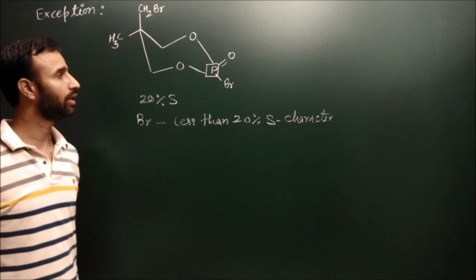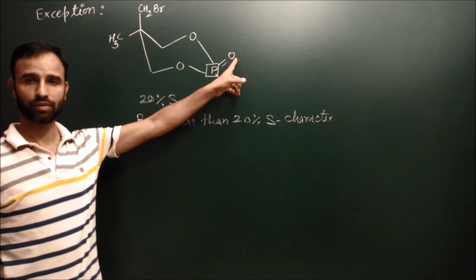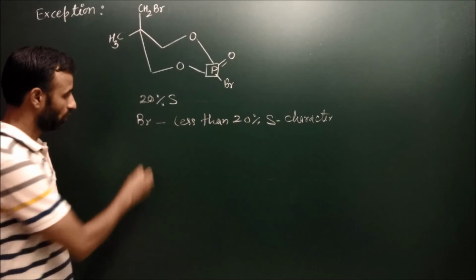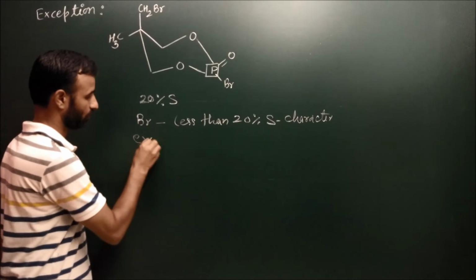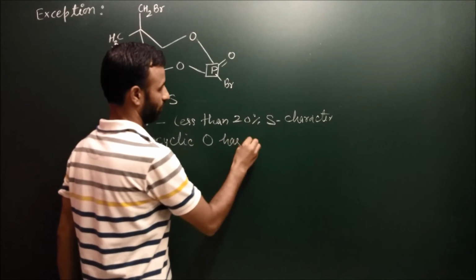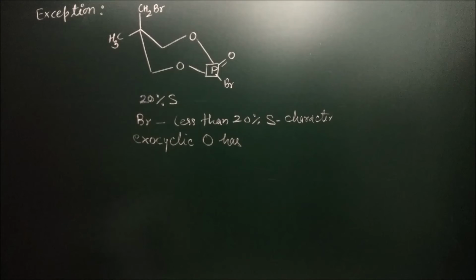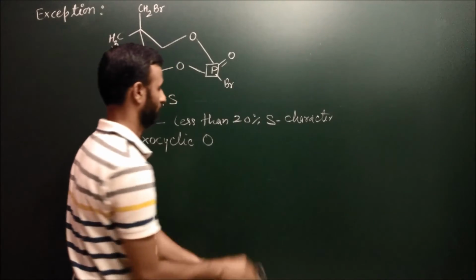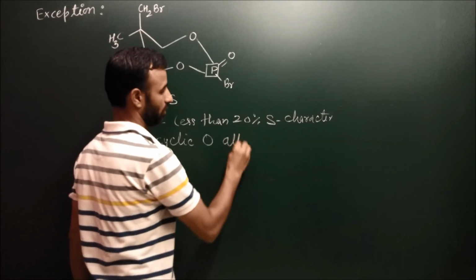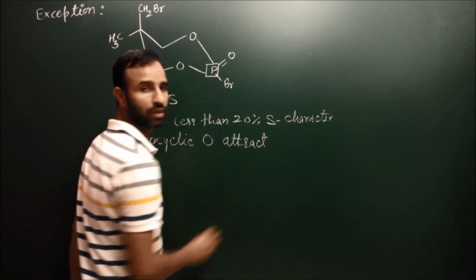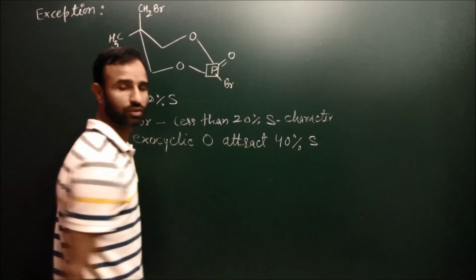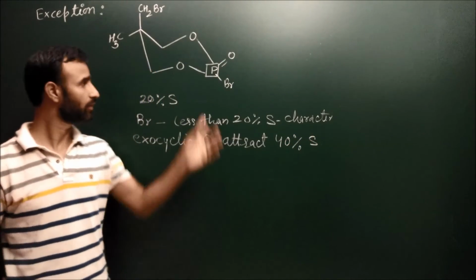Only this exocyclic oxygen attracts 40% S character. So why is it so?